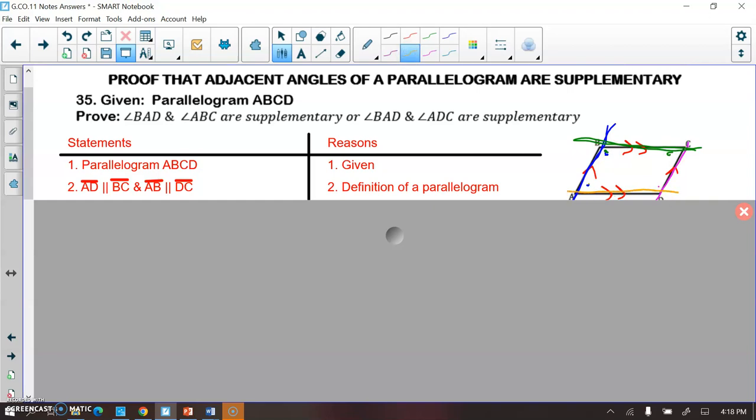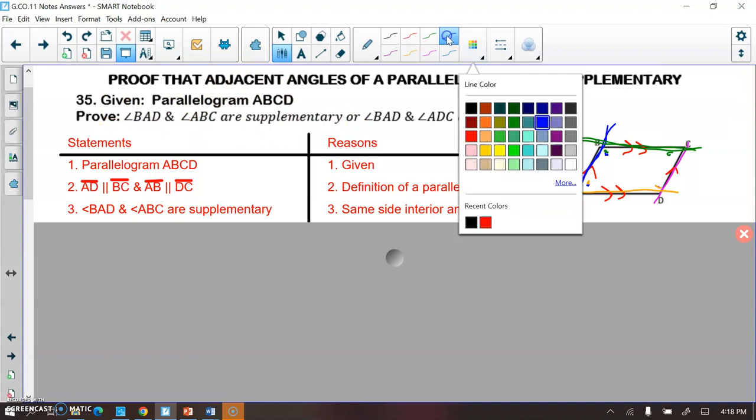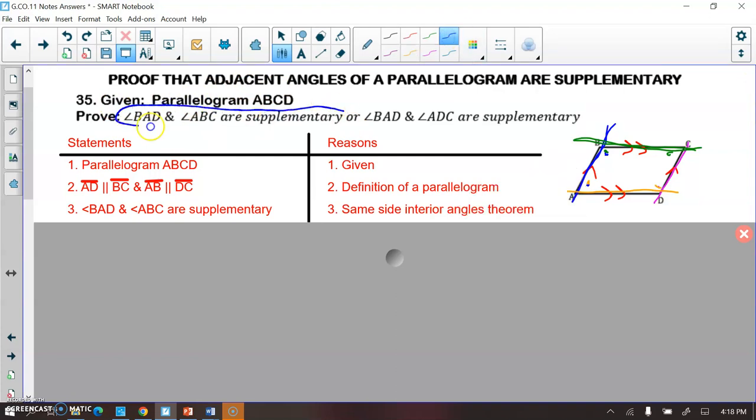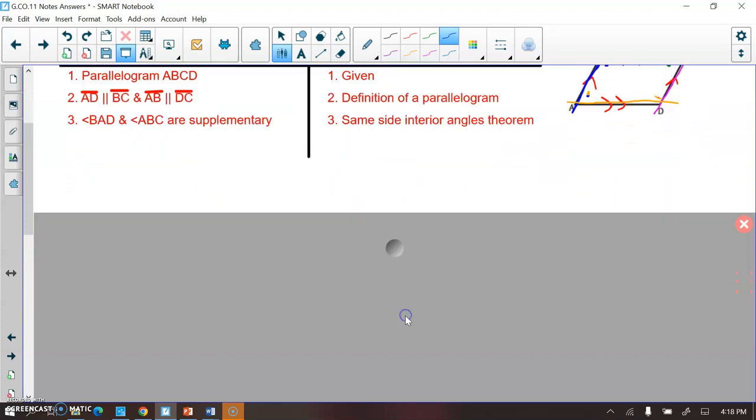Or if I use this transversal, I can say these two are supplementary by the same side interior angles theorem. So basically the third step, you just pick one of these two angles here. I chose this one here, and they are supplementary by the same side interior angles theorem. That's it, a 3-step proof.